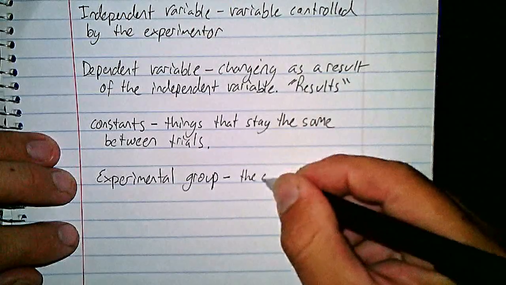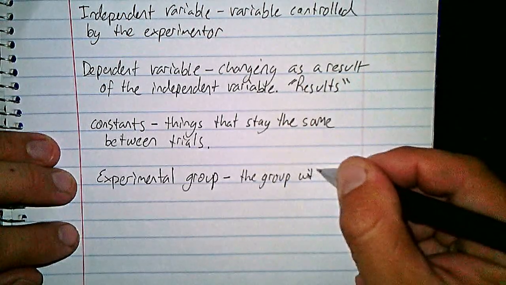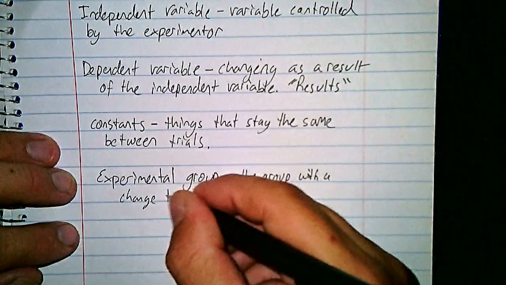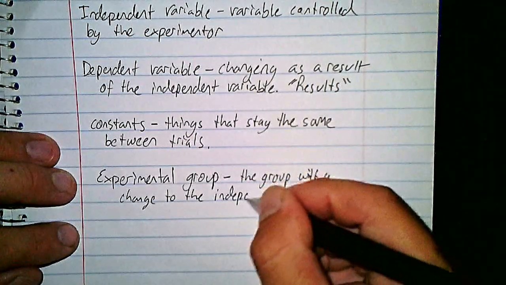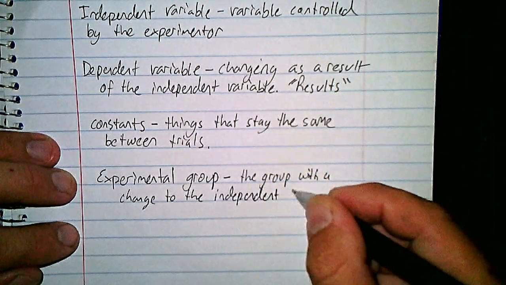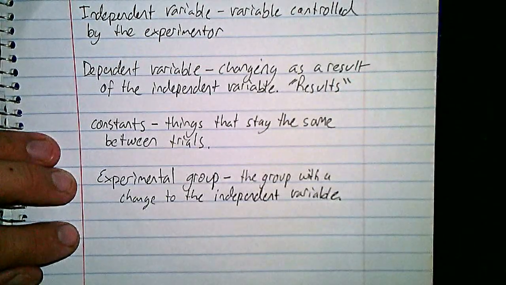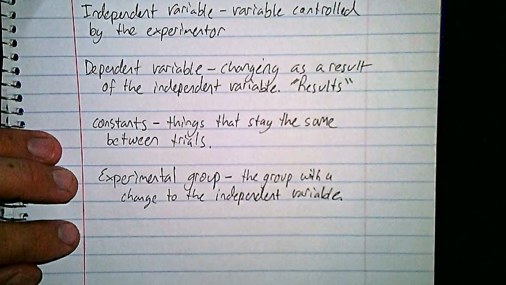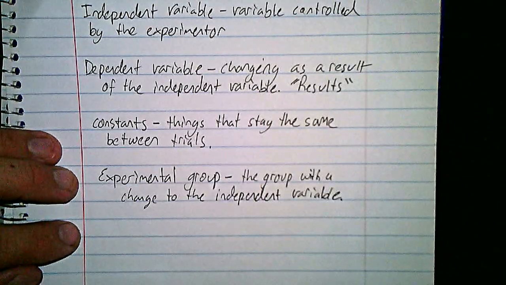So the group with a change to the independent variable. So let's say I come out with a medicine, and this medicine is supposed to be able to help people with some pain. So I find a group of people in pain, and I give them the medicine, and I measure how it affects their pain.